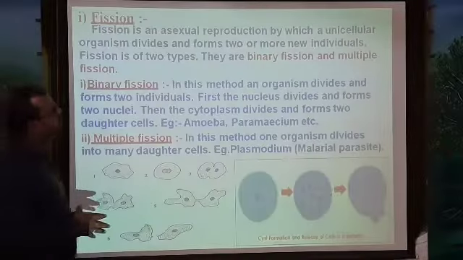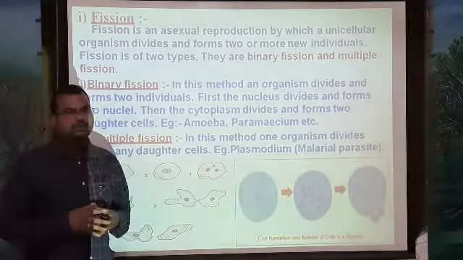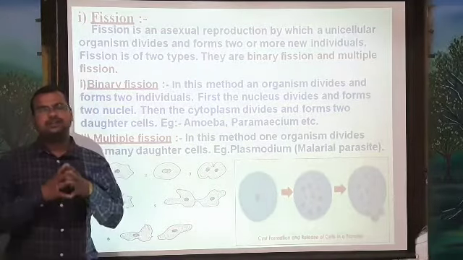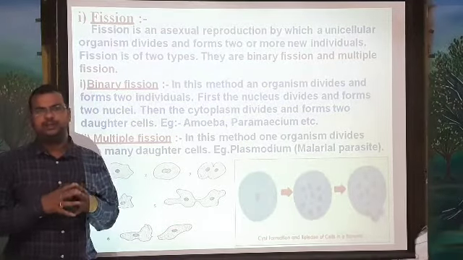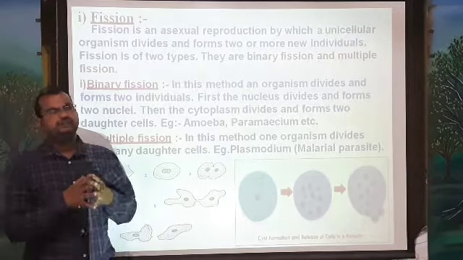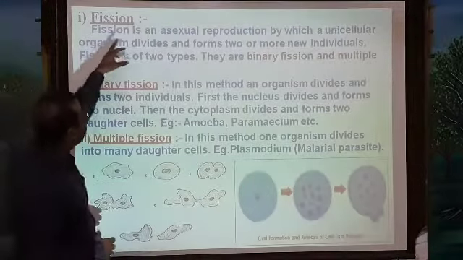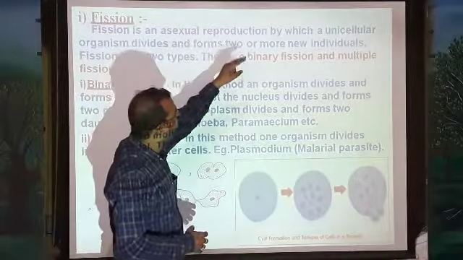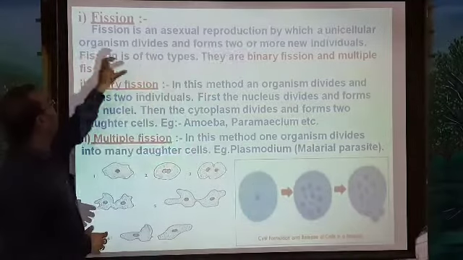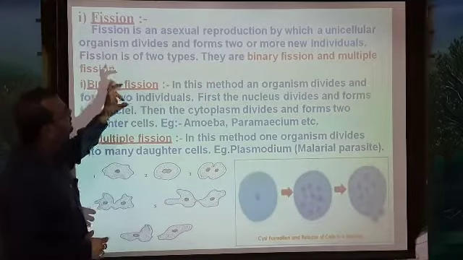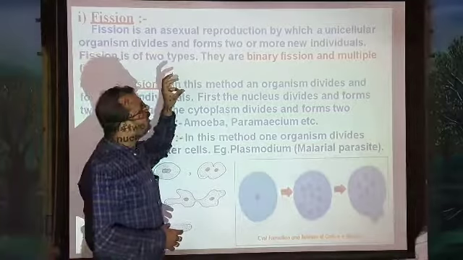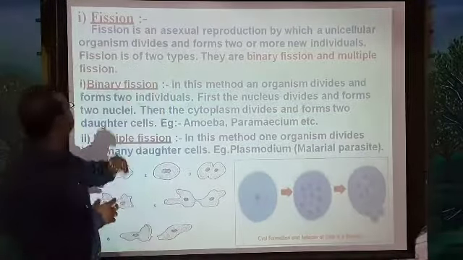The first one is fission. Fission is also one kind of asexual reproduction. What is fission? Fission is an asexual reproduction by which a unicellular organism divides and forms two or more new individuals.